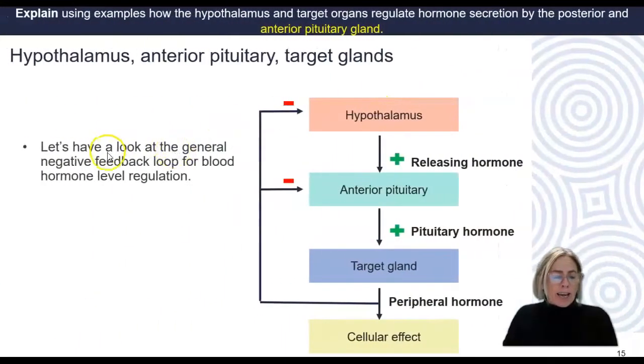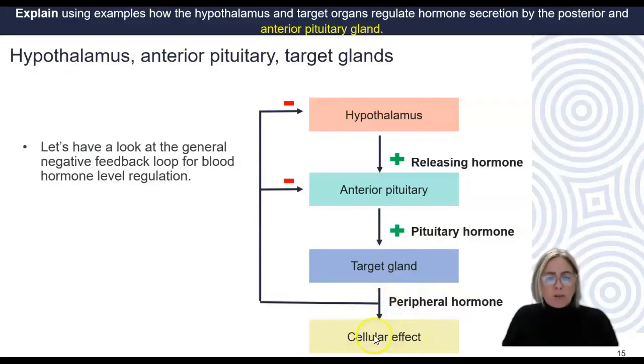And that's what we're looking at here in terms of the negative feedback loop for blood hormone level regulation. So from the hypothalamus, those releasing hormones stimulate pituitary hormone to be released from those anterior pituitary cells. And very often that pituitary hormone's target is another gland, which then releases another, peripheral hormone, which then has a cellular effect, so it targets particular cells and tissues.